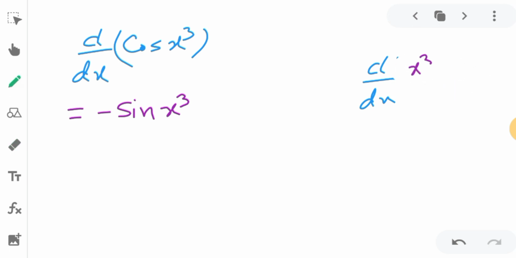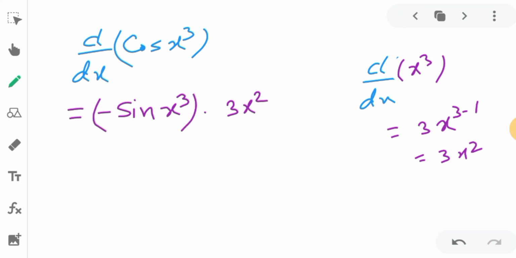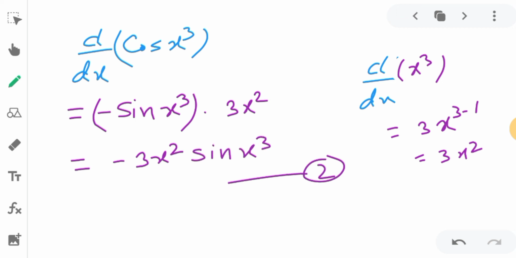So what remains? It will remain only x cube, because cos derivative is done, and derivative of x cube, using the same formula, x to the power n into x to the power n minus 1, means 3x square. So you will write sin x cube into 3x square, correct? So if you will write in simplified way, then minus 3x square sin x cube.